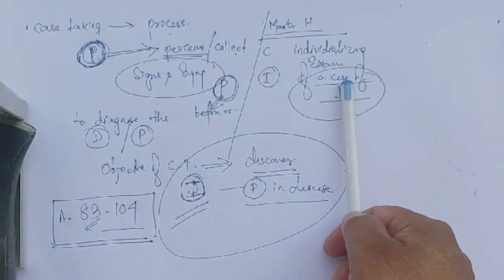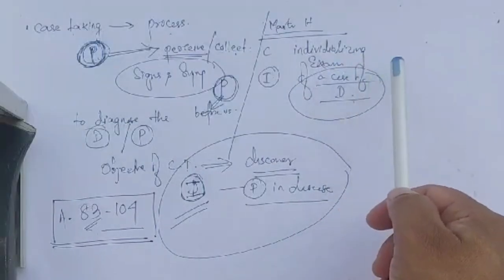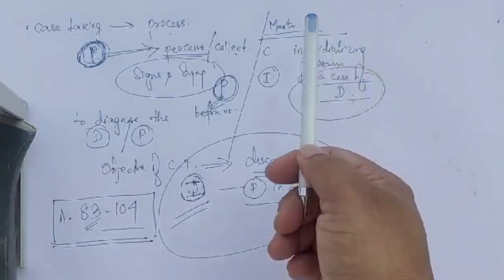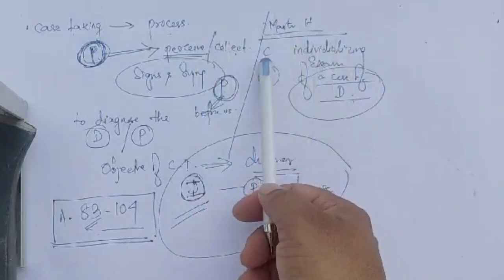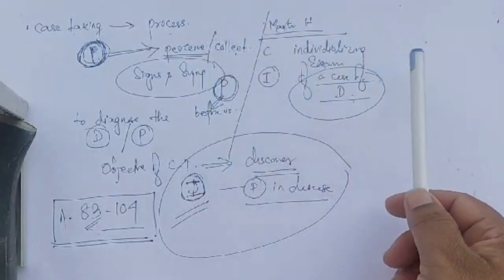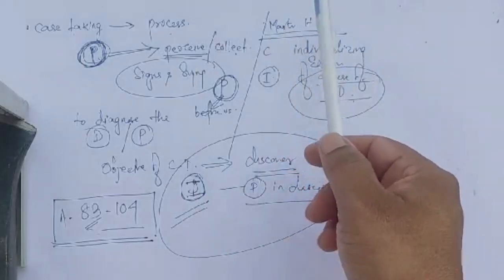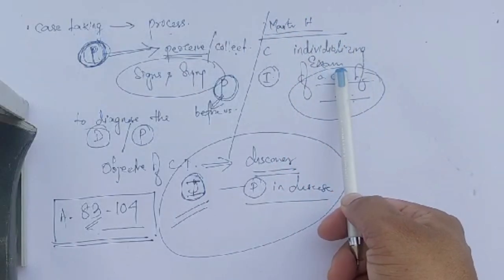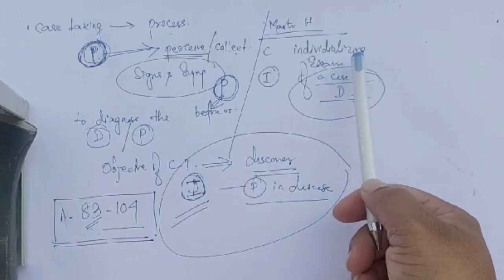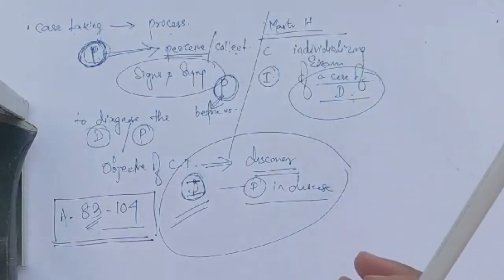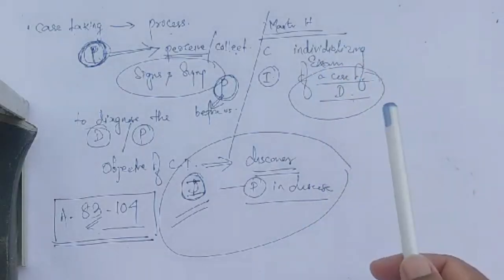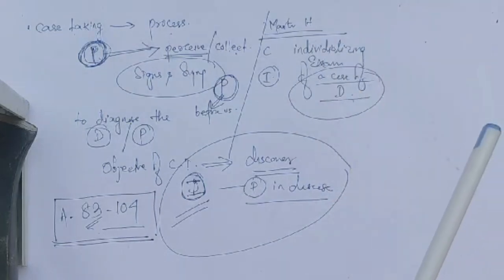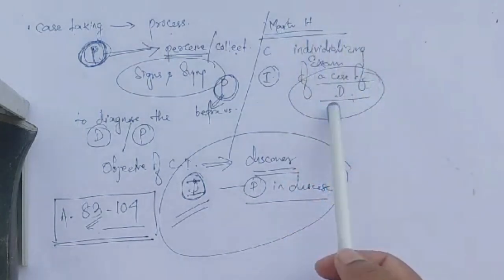Whenever Master Hahnemann says, he says case of a disease, person in disease, person in health. His language is in that way. So Master Hahnemann says individualizing examination. You are conducting an examination to individualize whom? A case of a disease. You are individualizing a case of a disease. This is by our Master Hahnemann.